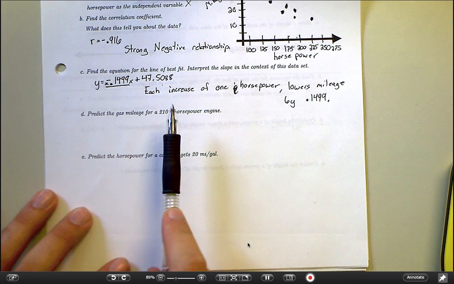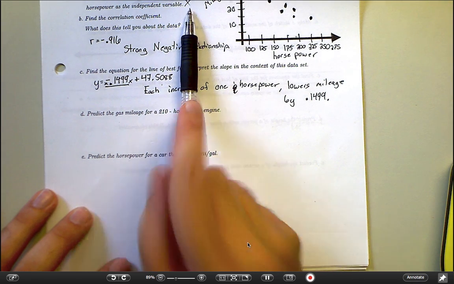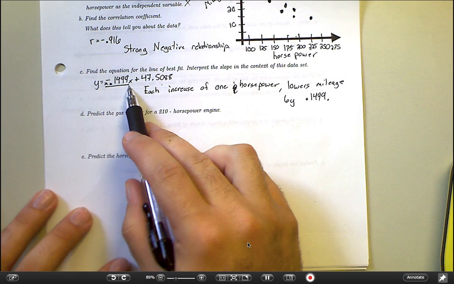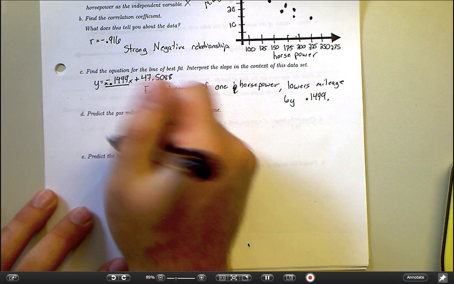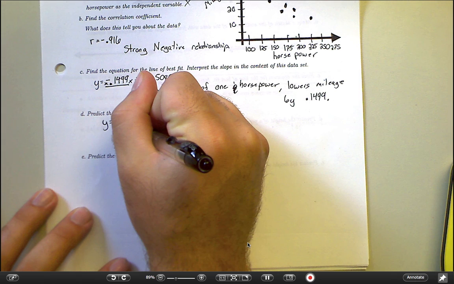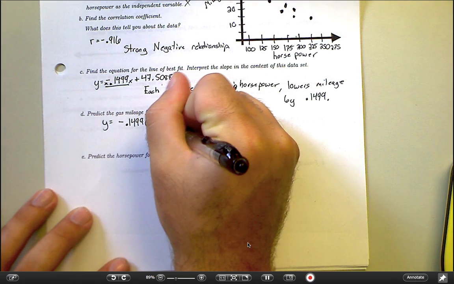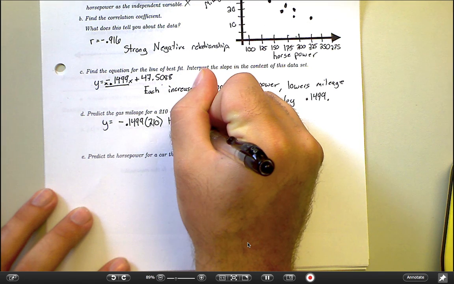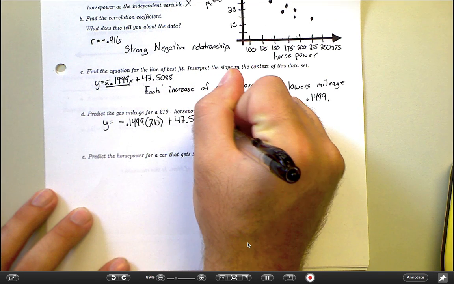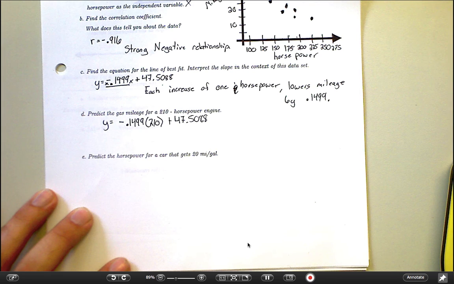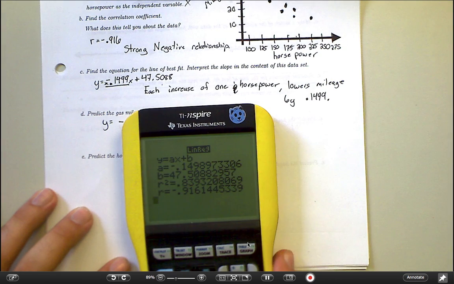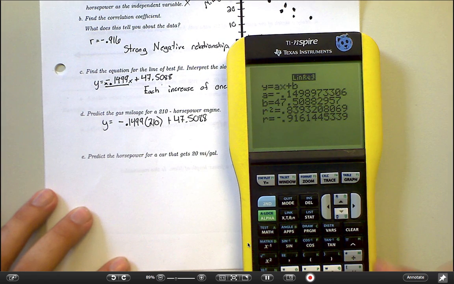Okay? So if I like 210, that was my X value, horsepower. So I'm going to go ahead and plug the 210 in for X, and I want to figure out what Y is. So Y is equal to negative 0.1499 times 210 plus the 47.5088. Okay, again, I'm going to pull my calculator over now. Now I'm just using the regular calculator.